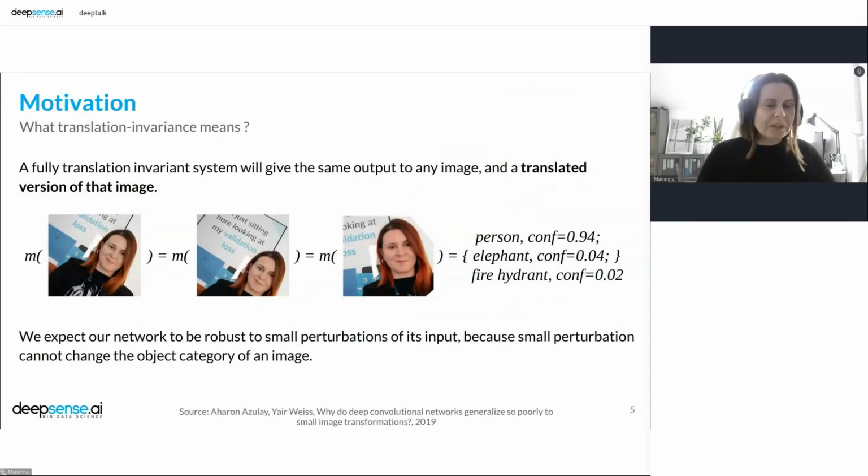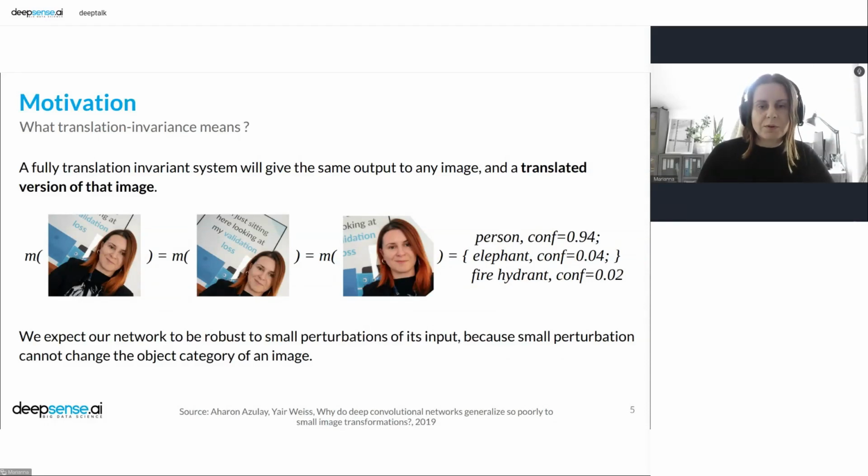Before we continue, let's define translation invariance. A fully translation invariant system will give the same output to any image and a translated version of this image. It means that whether the system sees the first, the second, or the third image, it will return the same response.